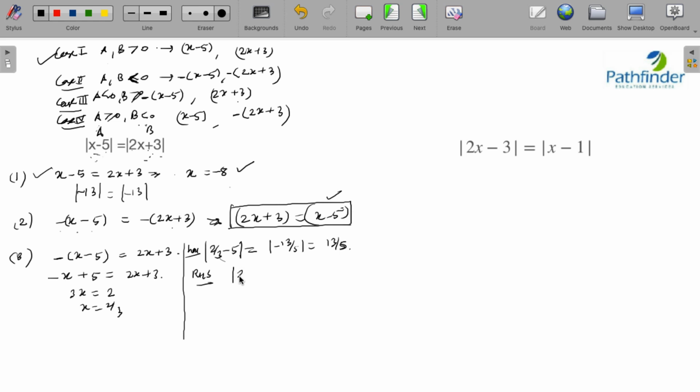What do we get? 2 into 2 by 3 plus 3, which is again mod of 13 by 3, which is equal to 13 by 3. So you can see that LHS and RHS are equal and equal to 13 by 3. So there are two possible values of x: x is equal to minus 8 and x is equal to 2 by 3.